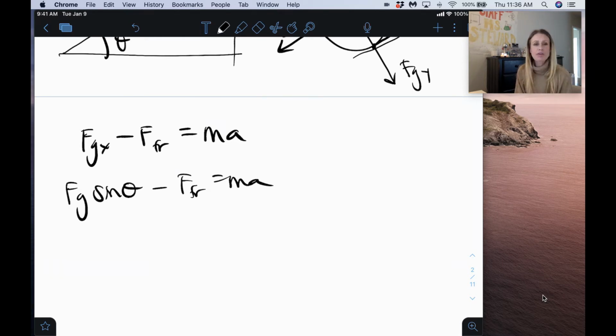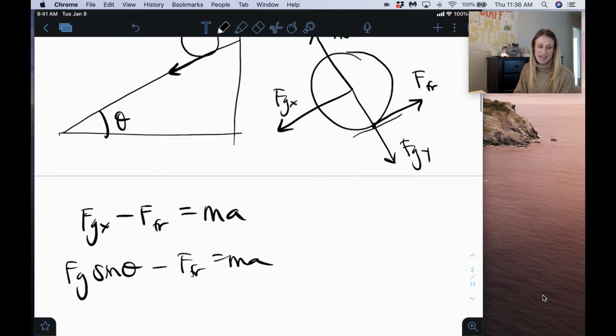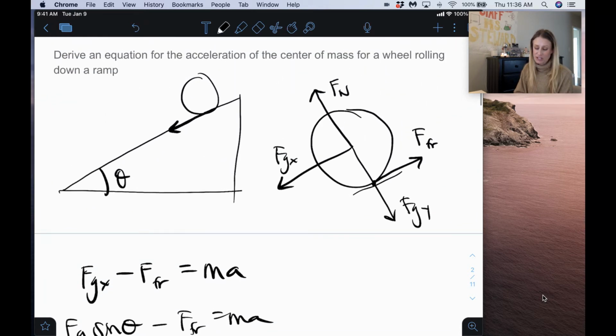Now let's talk about the force of friction a little bit. Usually we plug in mu times the normal force for the force of friction here. But what's happening here is this force of friction is what's causing that object to rotate. So really the force of friction is causing a torque on the object.